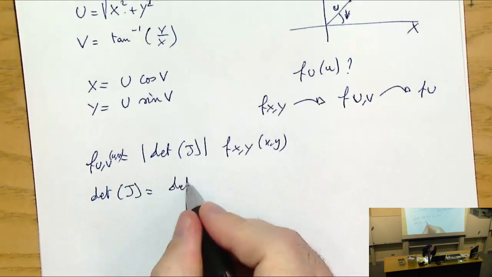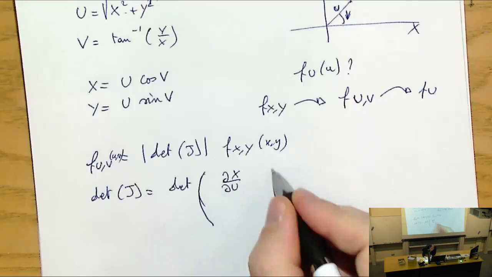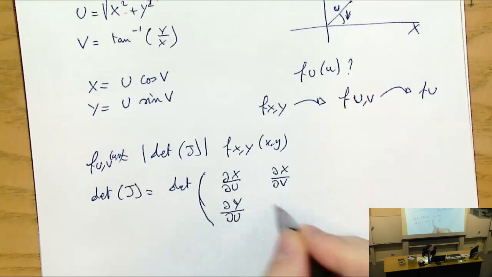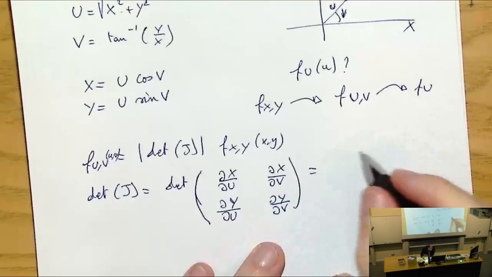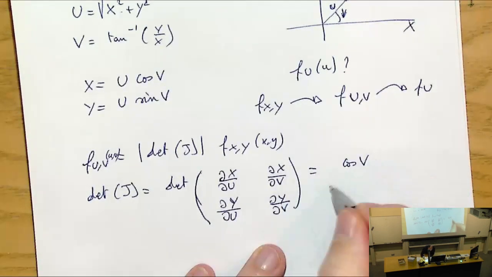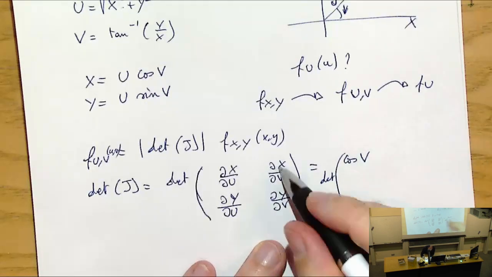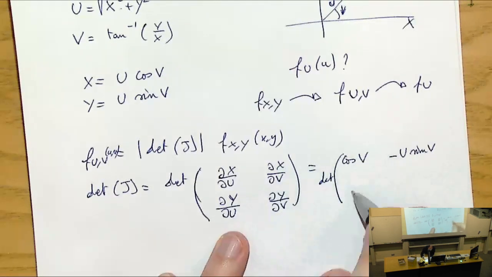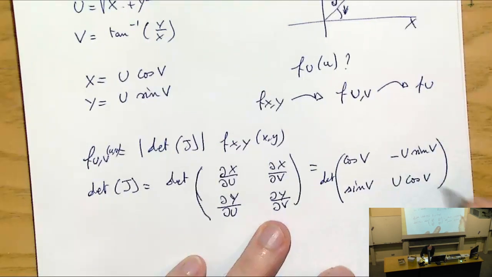It is the determinant of dx du, dx dv, dy du, dy dv, and this is cosine v, minus u sine v, dy du is sine v, and dy dv is u cosine v.